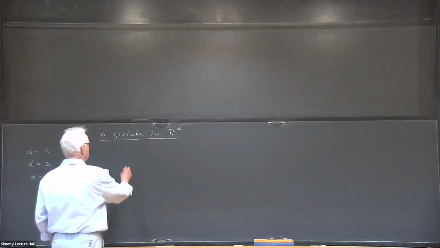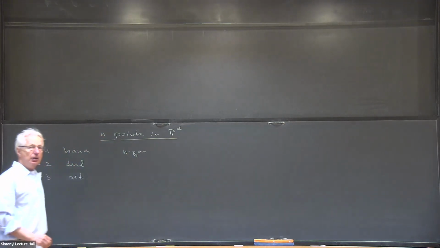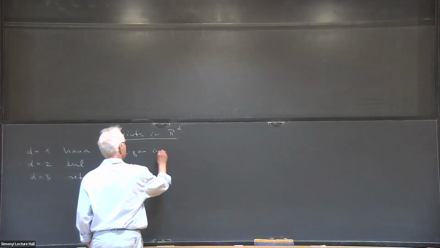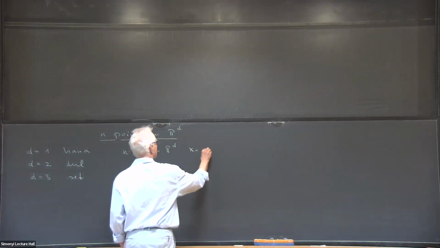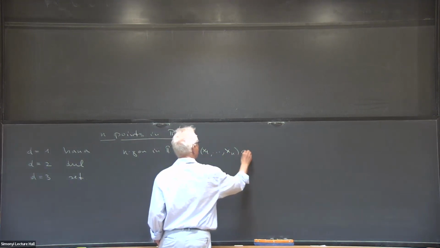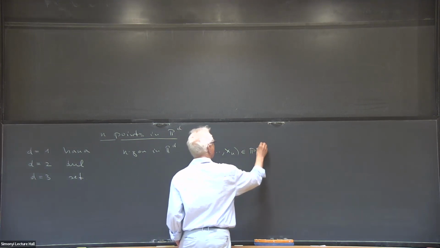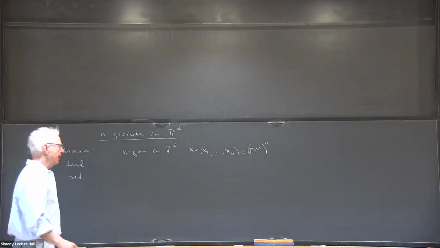So what we will need is a little bit of terminology. An n-gon in P^d is just an n-tuple of points in P^d.